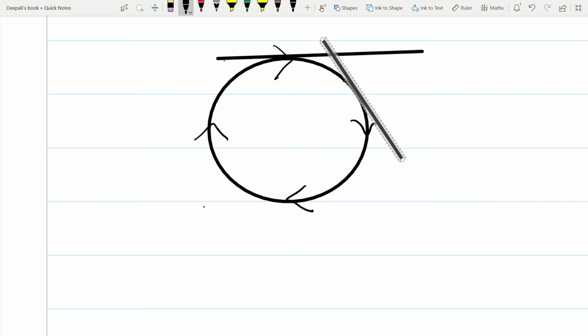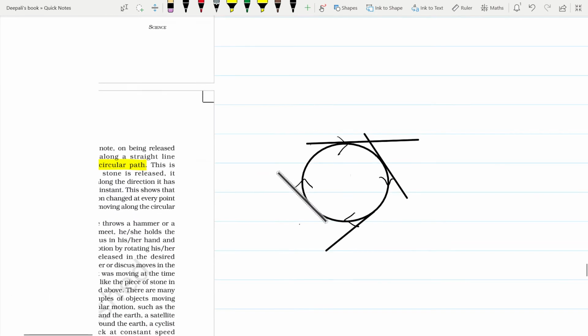Similarly, each time I stop the motion of the object, it will move in that particular direction. So these are called the tangent paths of the object.